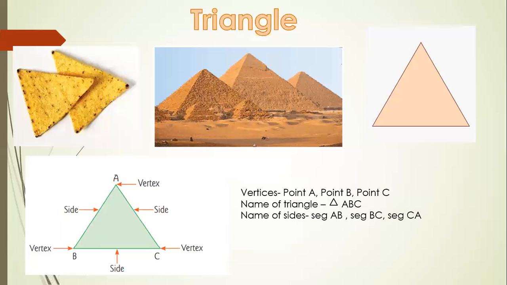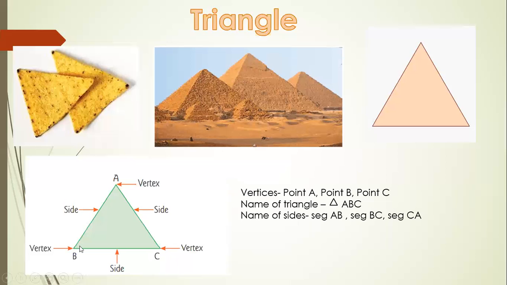Now coming to the sides. How many sides does it have? It has 3 sides. What are the sides made up of? They are made up of line segments. So by writing the name, I'll have to specify that they are line segment AB, segment BC and segment CA.